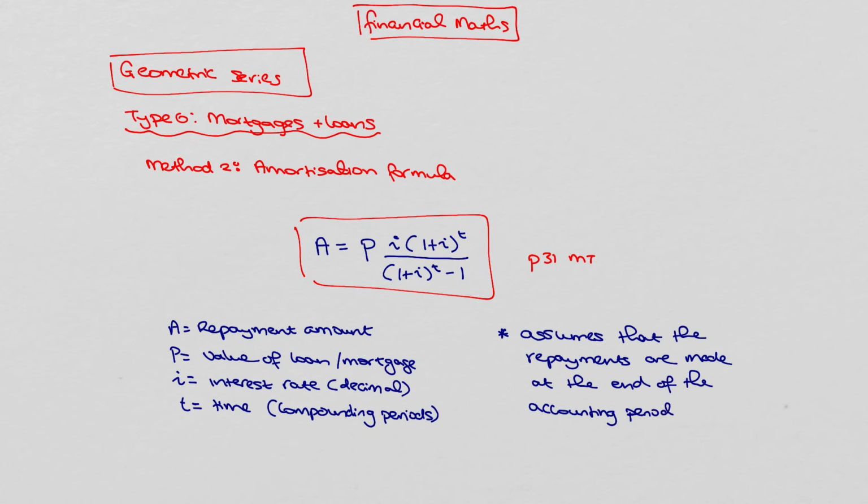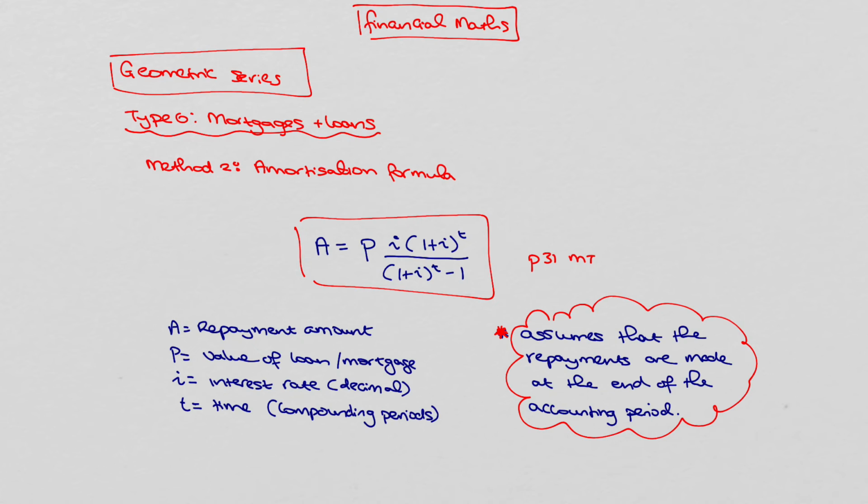So unless stated otherwise in the question, then there's no issue. But sometimes, rarely, it'll actually say that the repayment is made at the start of the accounting period. And if that happens, you cannot, under any circumstances, use this formula. Instead, you would have to use the geometric series.